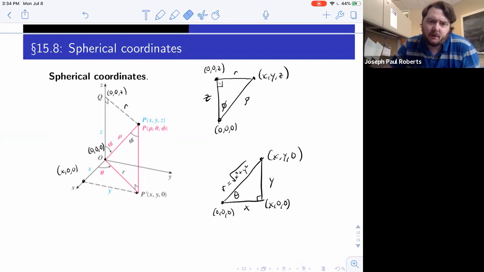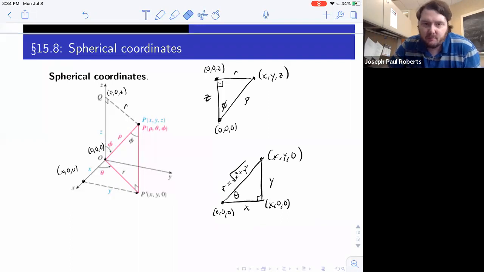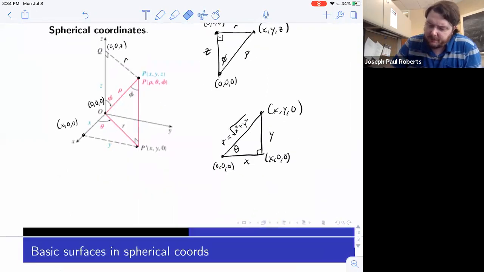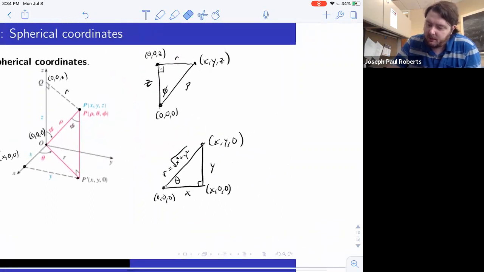Now to figure out the equations for x, y, and z in terms of rho, theta, and phi, it's just a matter of doing right triangle trigonometry. z is the adjacent side in this top triangle, so z is equal to rho cosine phi.